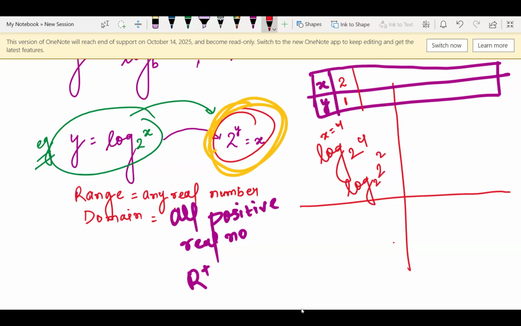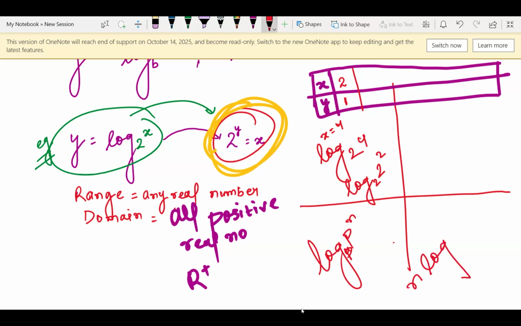And one of the rules says that if you have an exponent like this, just take the exponent in front. Check the rules. One rule says that if you have log p to the power n, no matter what is there in the base, whether a or b or p, this n can come in front.